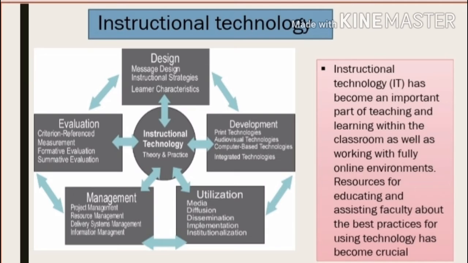It includes media, diffusion, dissemination, implementation, and institutionalization. Fourth is management. It includes project, resources, delivery system, and information management. Lastly is evaluation. It includes criteria and referenced measurement, formative evaluation, and summative.